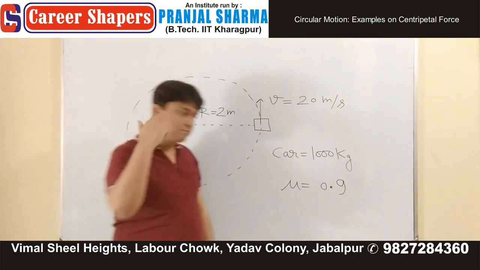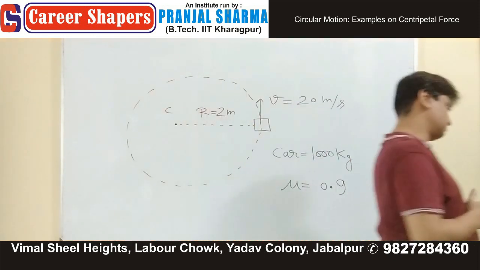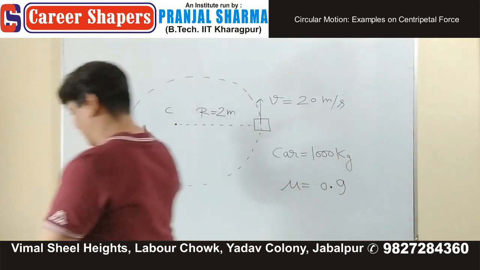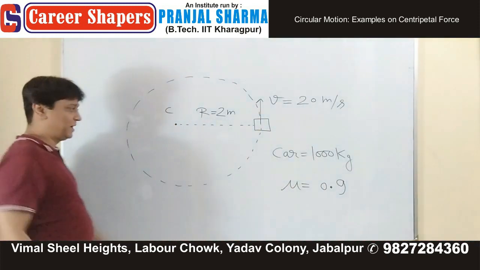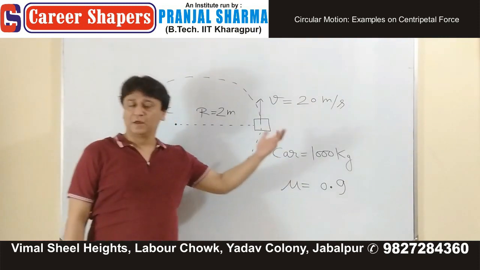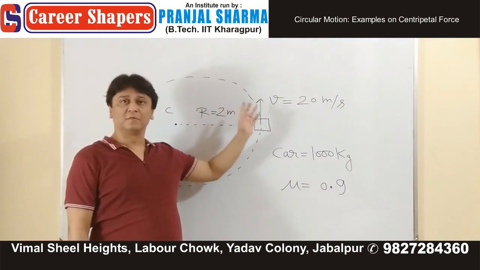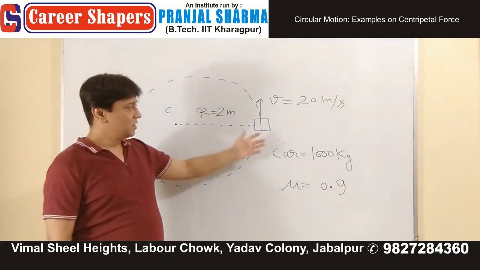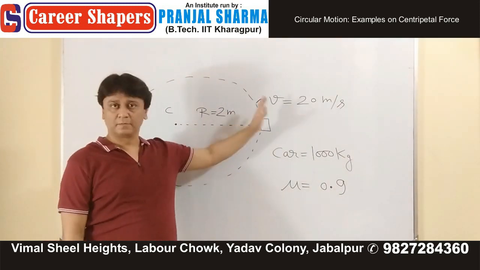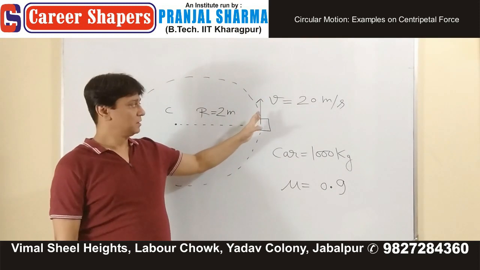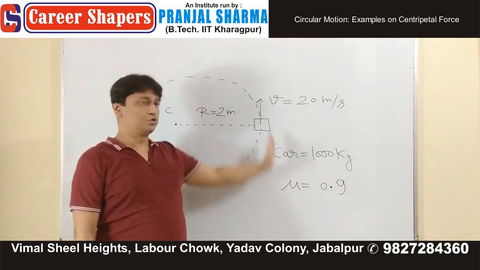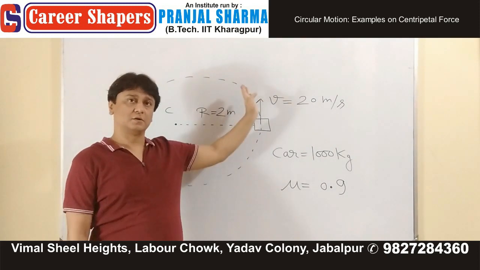I guess you can feel the question. You must have at one point of time felt the same thing in your life while taking a circular turn with your bicycle or bike or with a car. If your speed is very high, then it becomes difficult to take a circular turn.